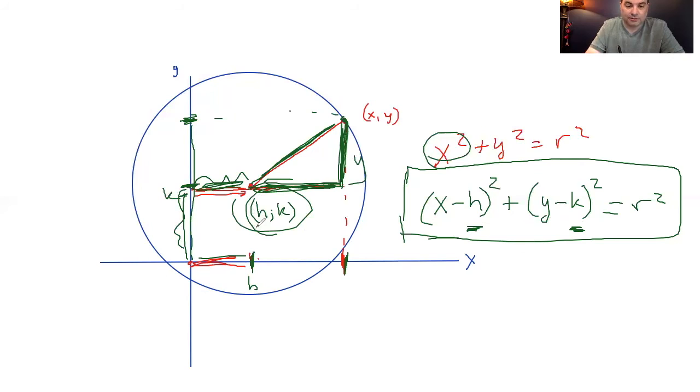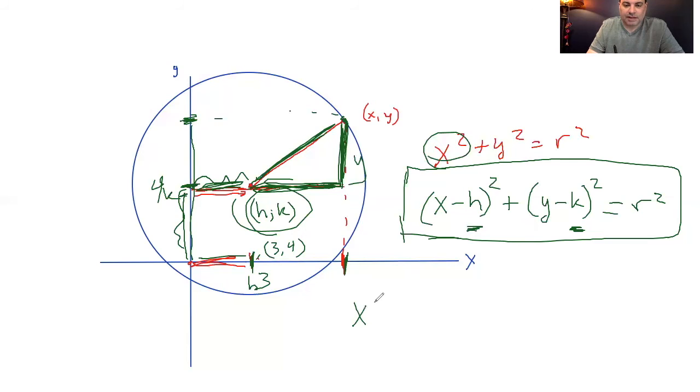So let's say, theoretically, the center is 3 comma 4, so my h comma k is 3 comma 4. And let's say my radius is 5 units.